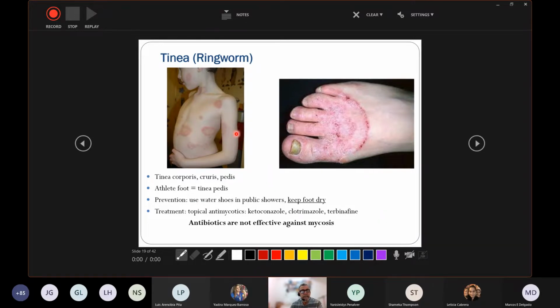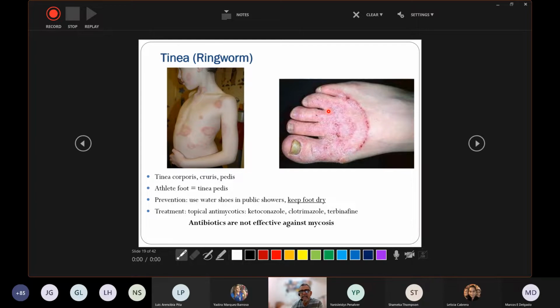This is called tinea or ringworm and appears in the parts of the body that are moist. That's why it's more frequent in the groin and in the feet, because they are parts of the body that are moist more frequently because of the sweat.